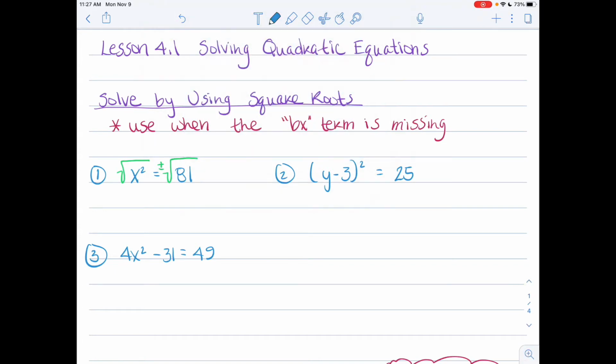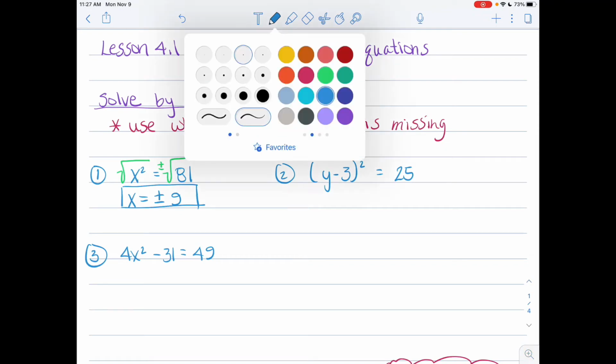So in other words, x is equal to positive or negative 9. Because if you think about it, if you multiply negative 9 times negative 9, you also get a positive 81. So this is our solution, and this positive and negative thing will be the case every time that we use a square root in order to solve something.